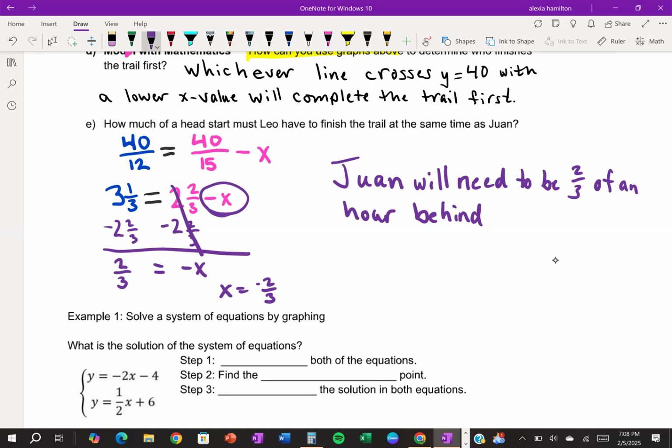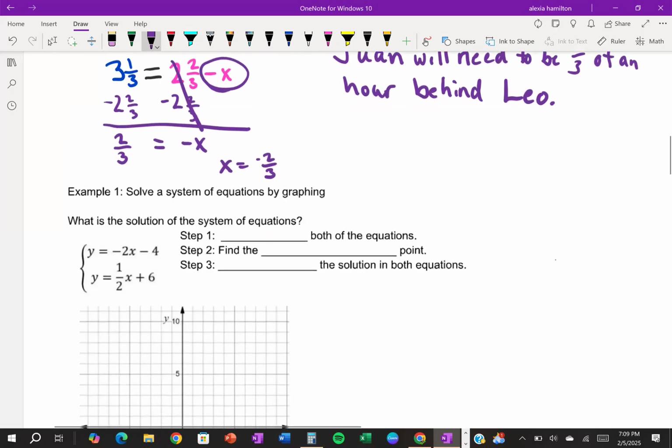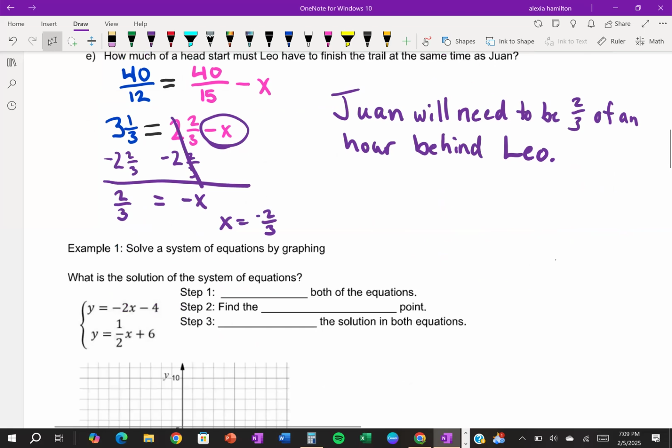I put the time with Juan instead of with Leo. If we had it as a plus x over here instead, then our 2/3 would be positive. Whatever. Behind Leo. Or Leo needs to be at 2/3 of an hour head start to finish at the same time. Or just don't be late, Juan. Come on, Juan. Be better.